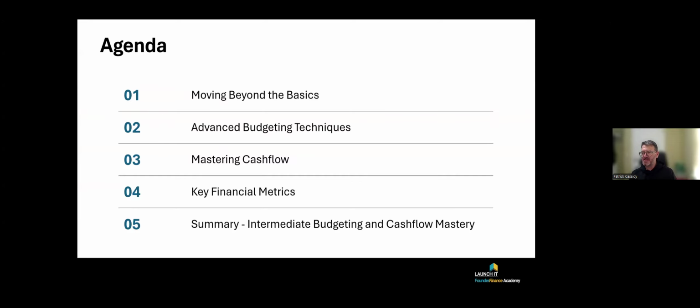So looking at things like scenario planning and modeling to make sure that your budget and your cash flow work for you and your business. I'm then going to show you some of the key financial metrics that you would use to look at the health of your business and act as early warning signals as well.